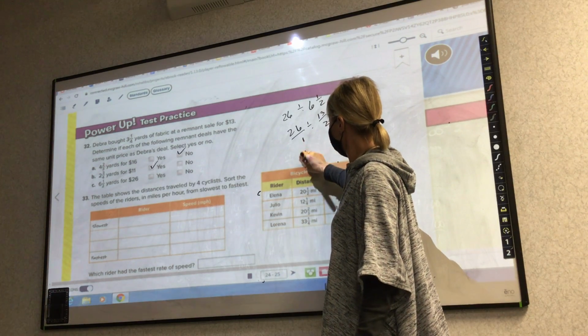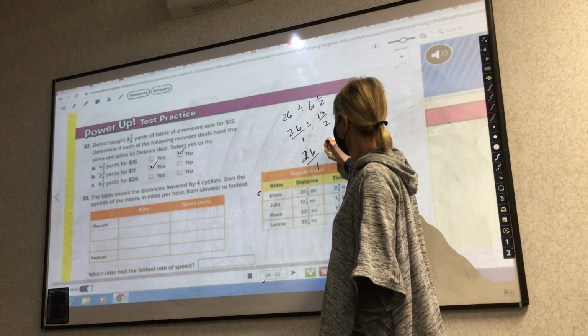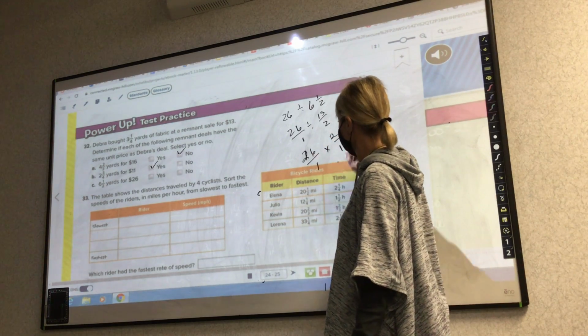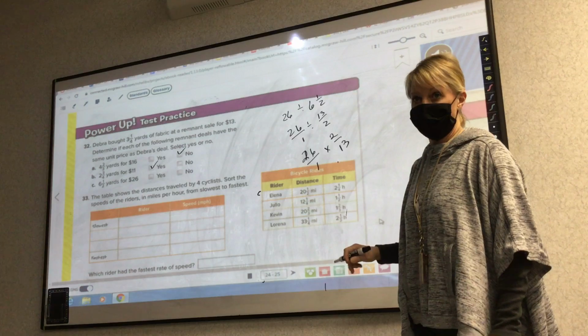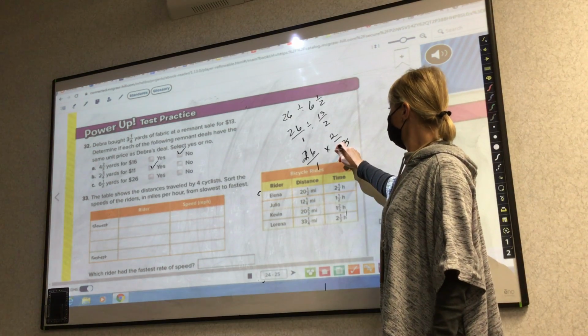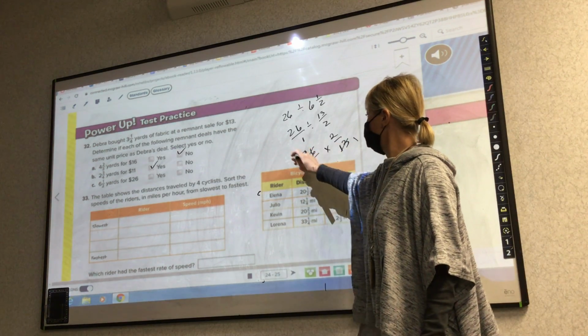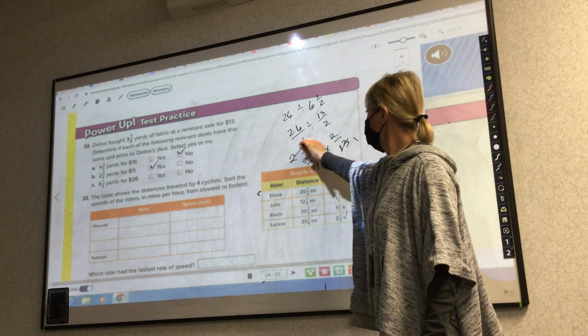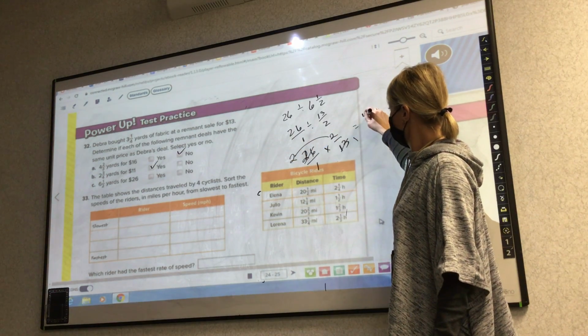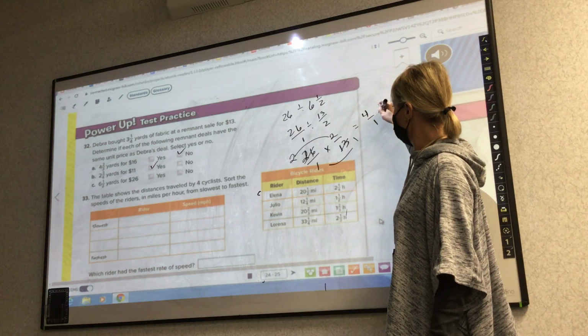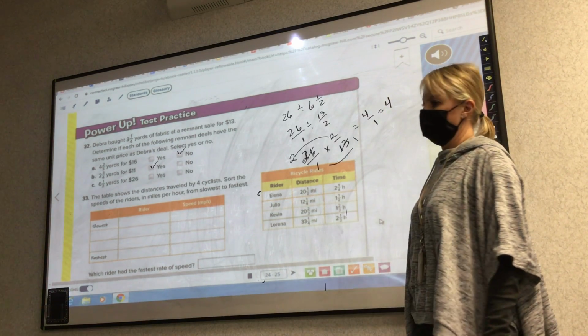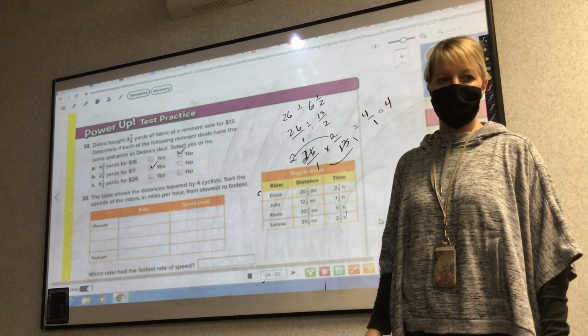So it's 26 over 1 times 2 over 13. Reduced by 13, this becomes a 1, this becomes a 2. 2 times 2 is 4, 1 times 1 is 1. So my answer is 4 again. Oh, I got it right.